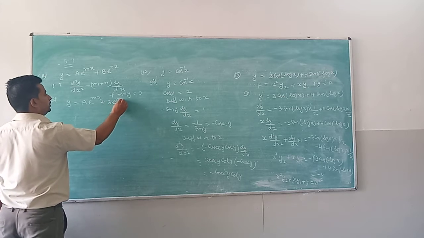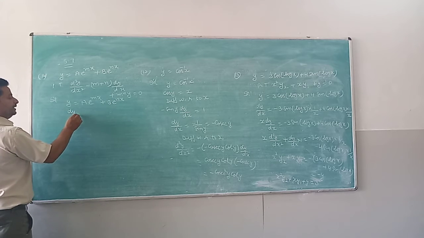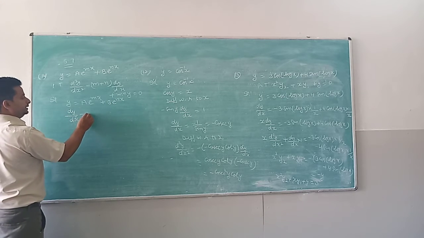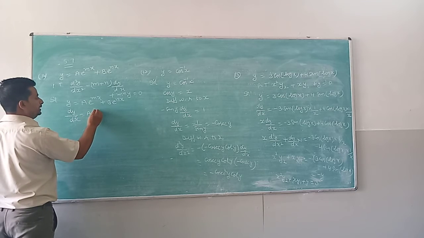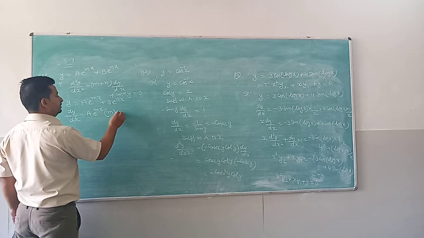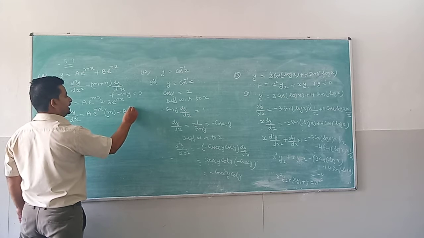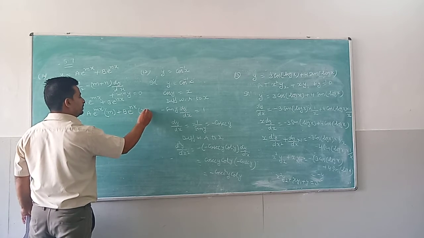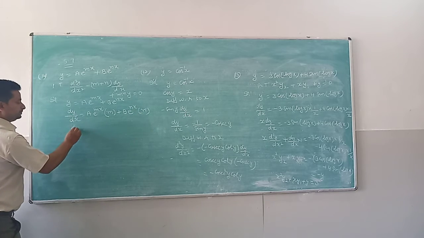For dy upon dx, that's the derivative. Differentiation of e power mx, and derivative of this is m. So this is b e power nx, derivative of nx is n.